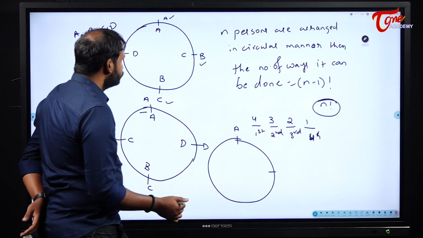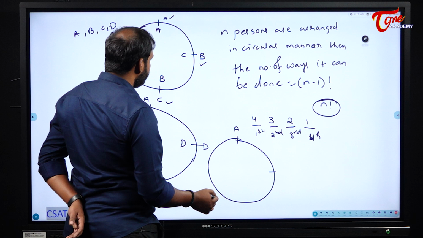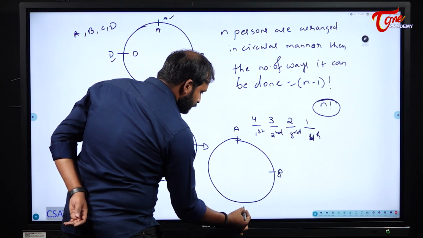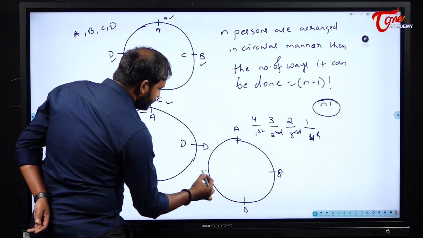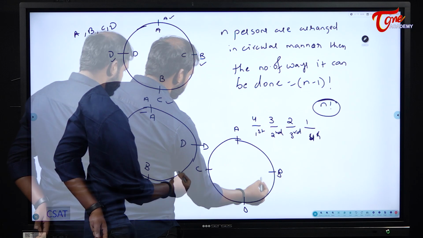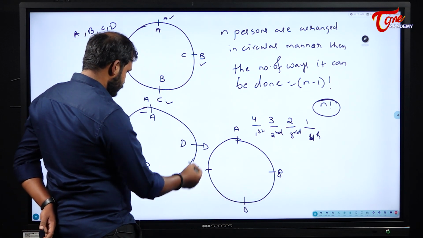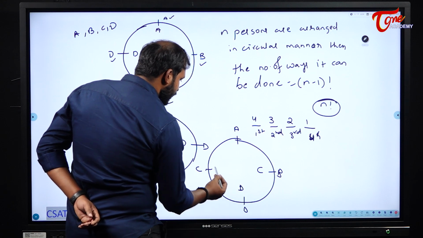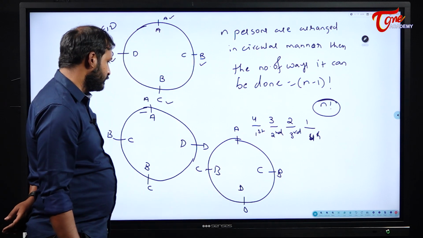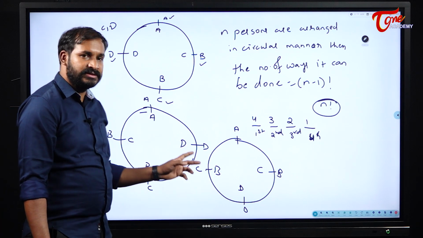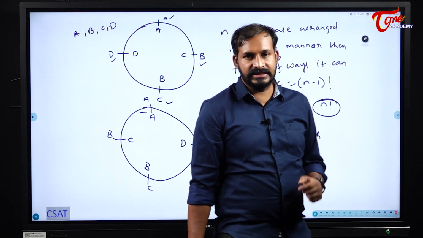A, B, D, C. This is one more arrangement. Or A opposite to this one, A, C, D, B. I can take one more arrangement. Like this, in total I can arrange these 4 people in 6 different ways.